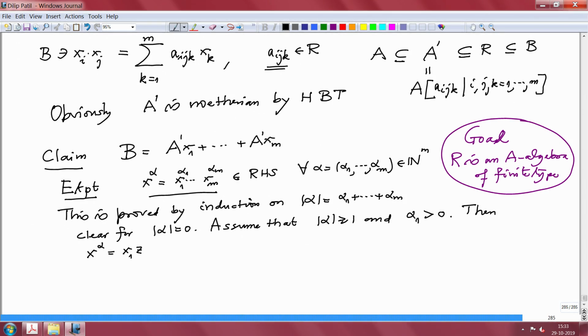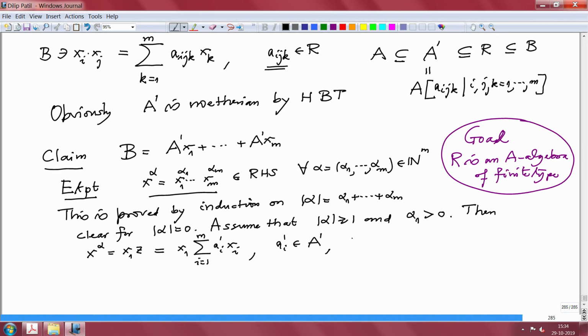Therefore this is equal to x1 times the summation i from 1 to m of ai prime xi, where the ai prime are in A prime.